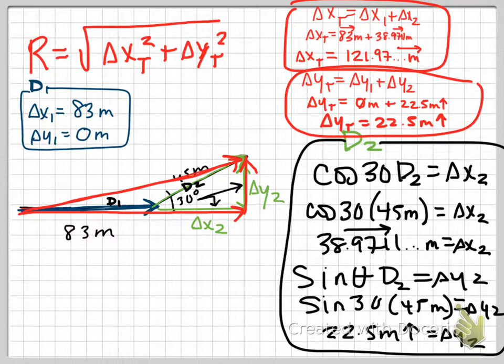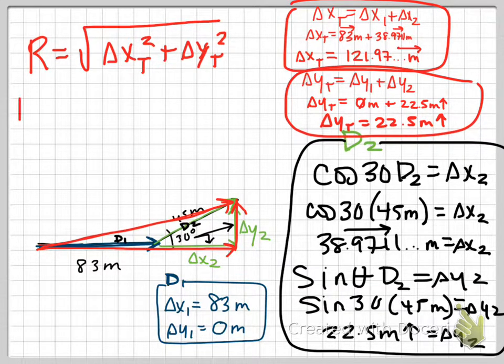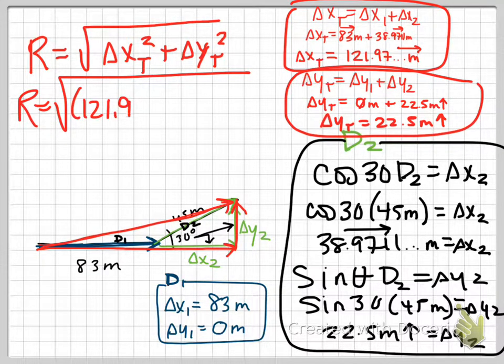Okay, we've got our delta y total, we've got our delta x total, which means we can go back to that thing we started with, and we can plug in values. So resultant equals square root of, and yes, I am putting in that whole darned number, 121.9711 blah blah blah meters squared plus 22.5 meters squared.